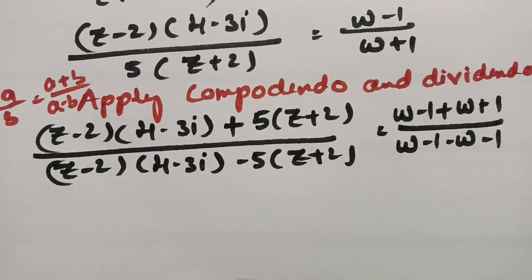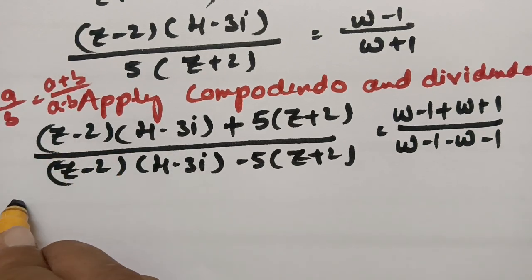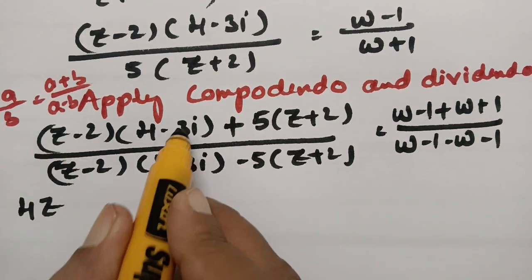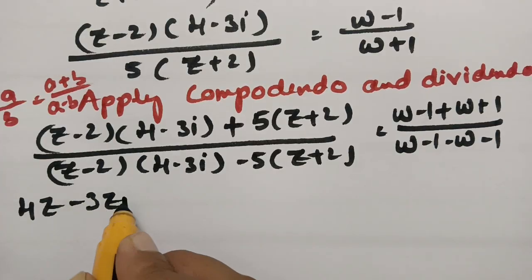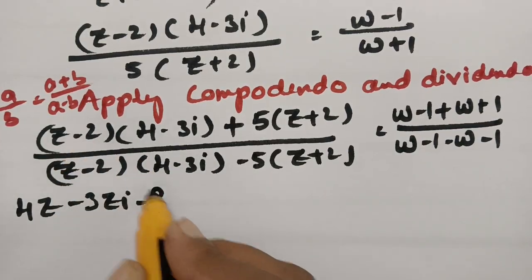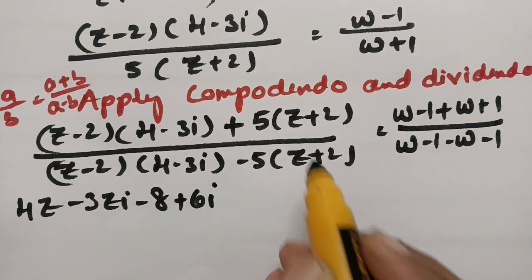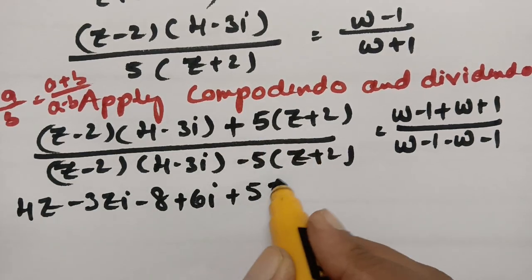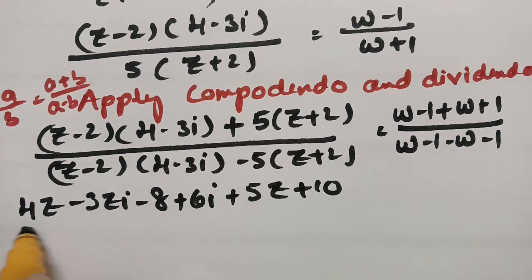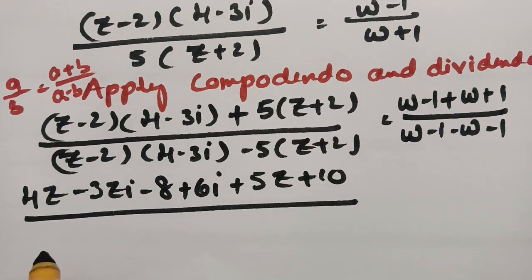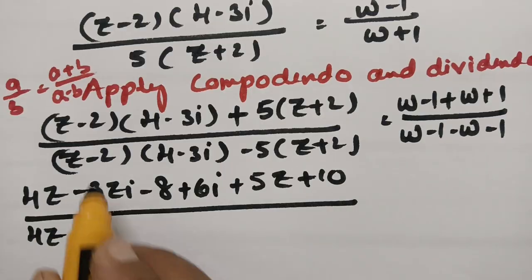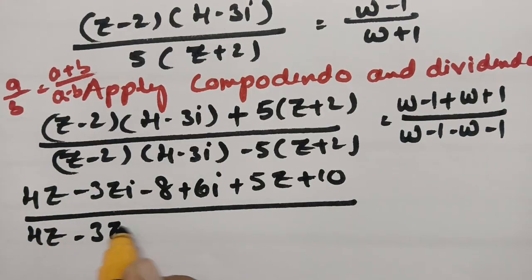Clear? Now if I multiply, this will be 4z, and this will be minus 3zi. This will be minus 8, this is minus of minus, plus 6i. And if I multiply, this will be 5z plus 10, divided by. So if I multiply, this is going to become 4z minus 3zi.